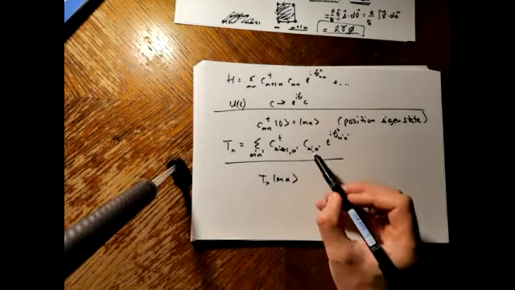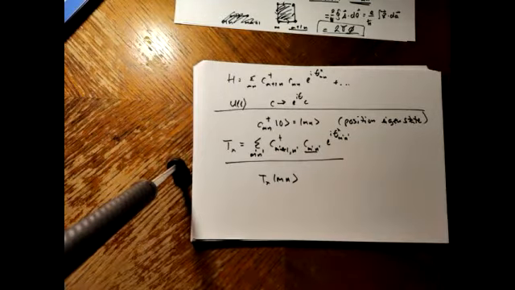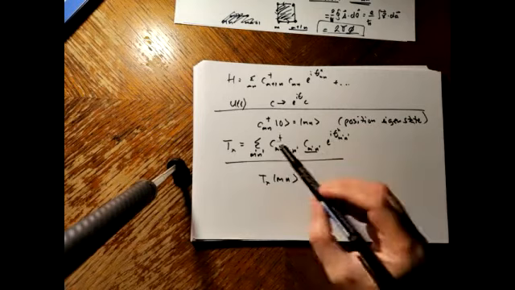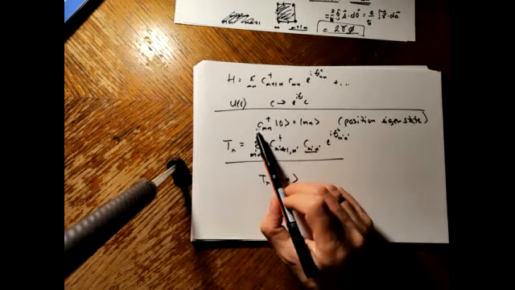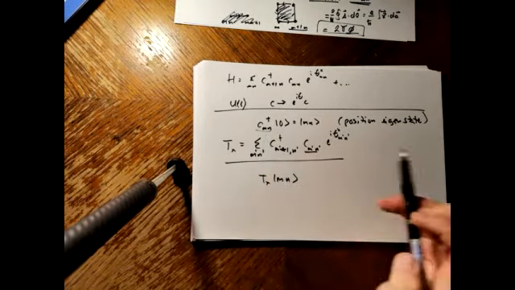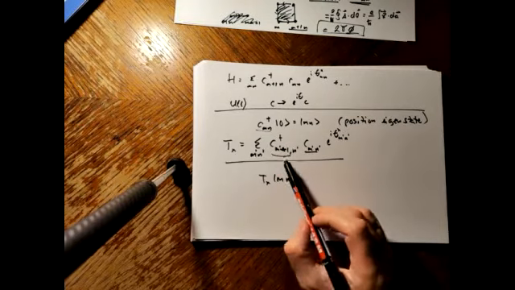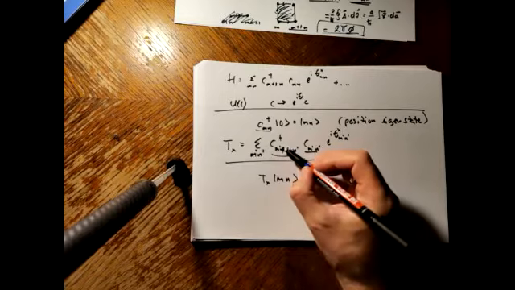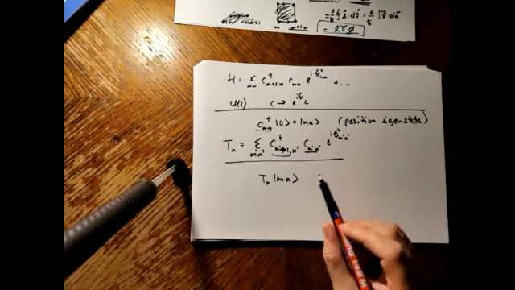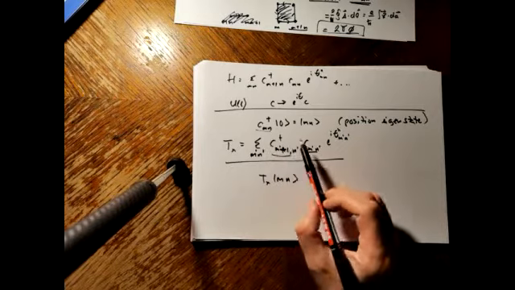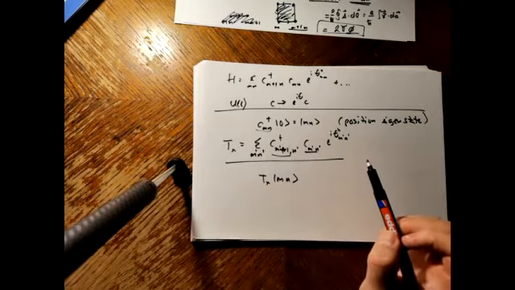Well, of course, this creation operator will just keep running into vacuum, giving zeros, except at the site mn, where it will eliminate this creation operator. Then this operator will hit the vacuum, and an m plus one n site will be created.